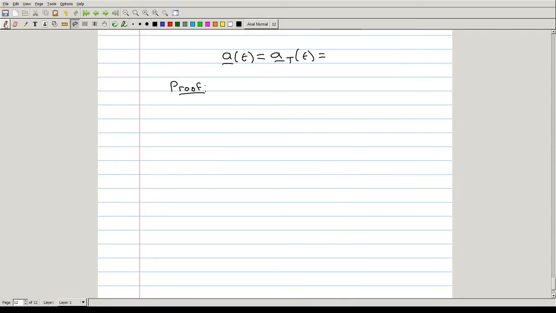For a more direct proof of this, we can see this directly using the definitions.